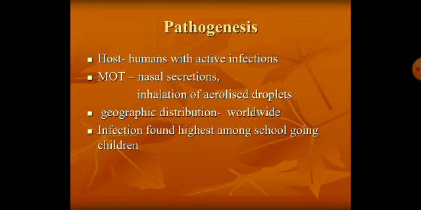The mode of transmission is through nasal secretions and sometimes through inhalation of aerosolized droplets. Mycoplasmal infections have a worldwide distribution. The infection is found highest among school-going children and it has one virulence factor, the P1 antigen.